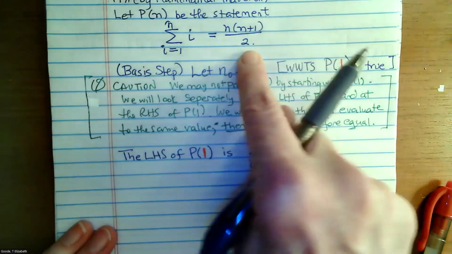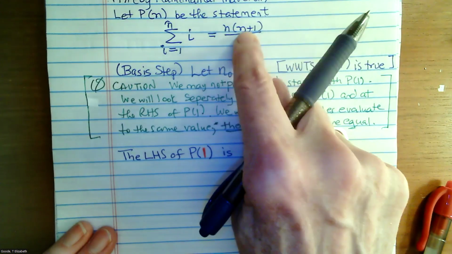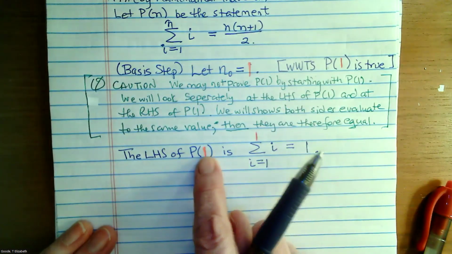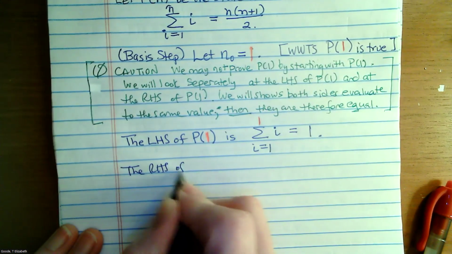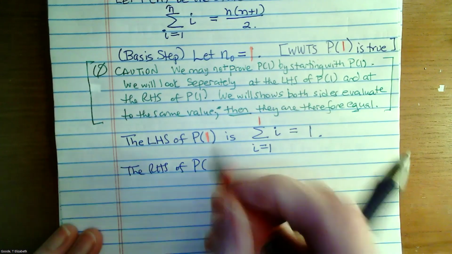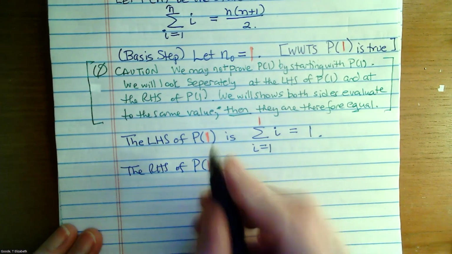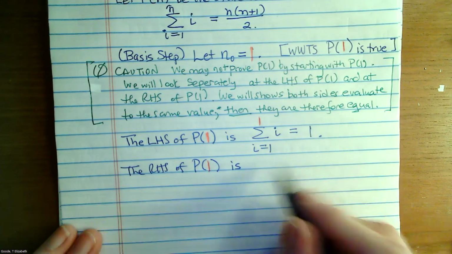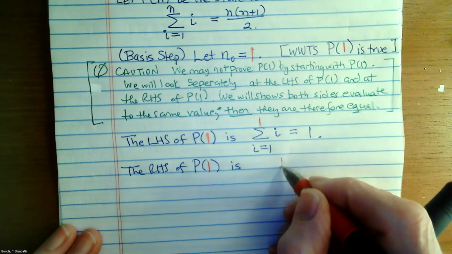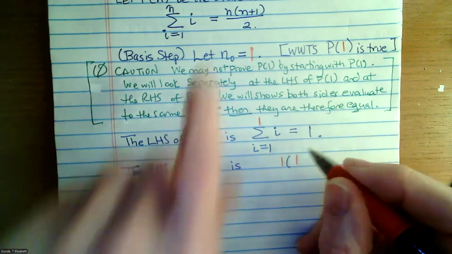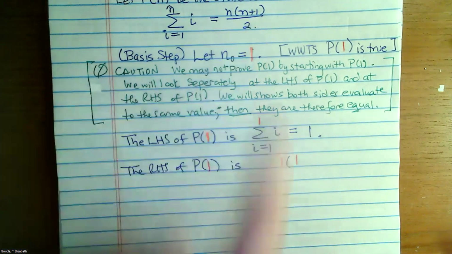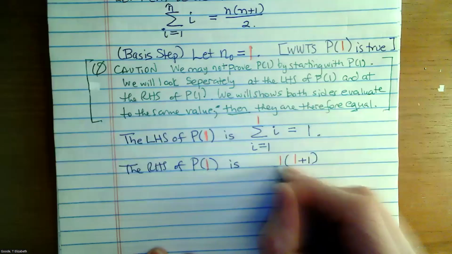Let's look at the right-hand side. When n is replaced by a 1, the right-hand side of P of 1 is 1 times, putting the n equals 1 in there, 1 plus 1 over 2.